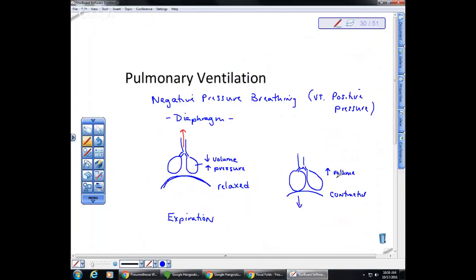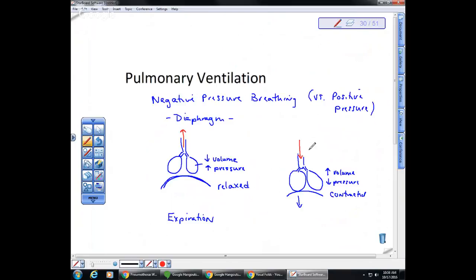And if we have increased volume, we have a decreased pressure, right? And so this decreased pressure just will automatically draw air in. When I think about this, it takes me a while to think about it, right? Because it's kind of confusing, because when the diaphragm contracts, we breathe in. Okay, so if you can breathe in and just think about the movement of the diaphragm.